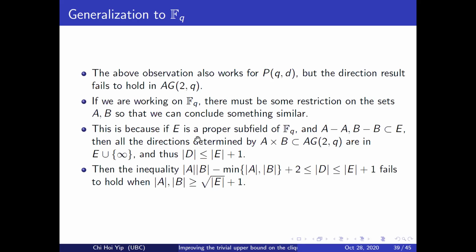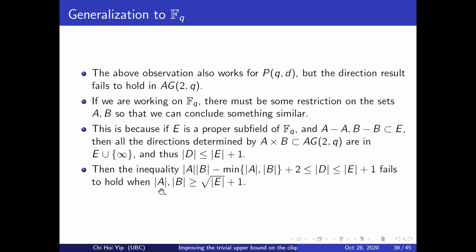If E is a proper subfield of F_q and A - A and B - B are contained in this proper subfield E, then all the directions determined by this Cartesian product will be in E union infinity, because we can just treat it as embedded in AG(2,|E|). So that means if we consider this kind of particular Cartesian product, the direction set is bounded by the size of E plus 1.